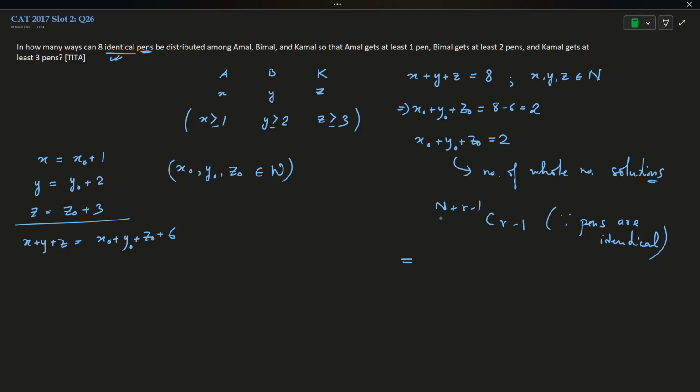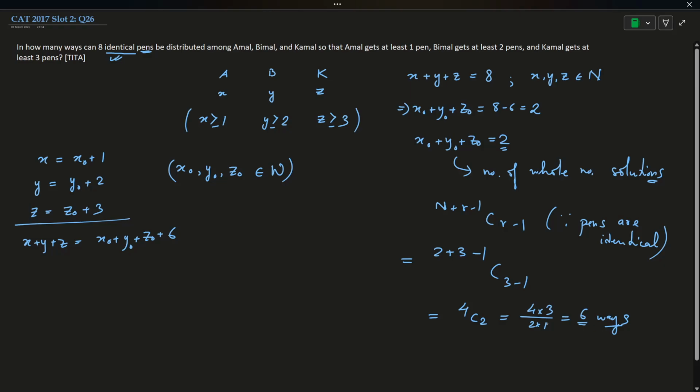What is n? N is basically the constant term 2. What is r? R is the number of variables, 3. So it is 4C2. 4C2 is basically 4 into 3 by 2 into 1. So 6. That means in 6 ways you can distribute 8 identical pens among A, B and K such that A gets at least 1, B gets at least 2 and K gets at least 3. So the answer will be 6.